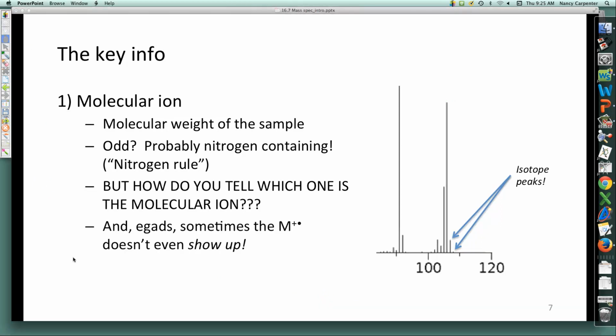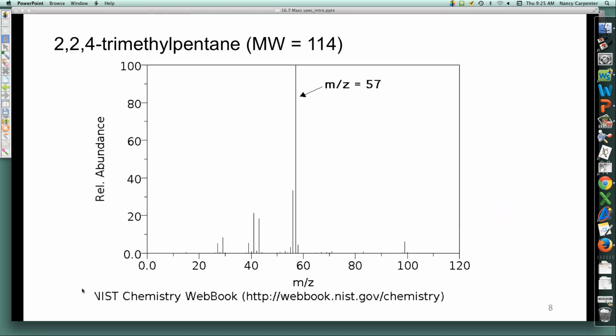But, yikes, sometimes the molecular ion peak doesn't even show up. And that is because when you have a molecule that falls apart so easily that that molecular ion peak can't reach the detector, it won't be detected. So here's a great example of that.